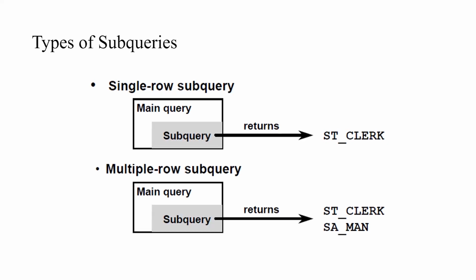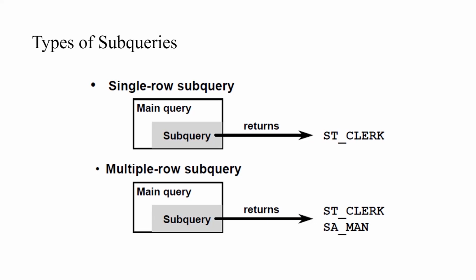Now types of subquery, there are two. One is single row subquery which just returns one row, or just one value. There can be multiple row subqueries where we get multiple values. So if you remember, what do we use for multiple values?